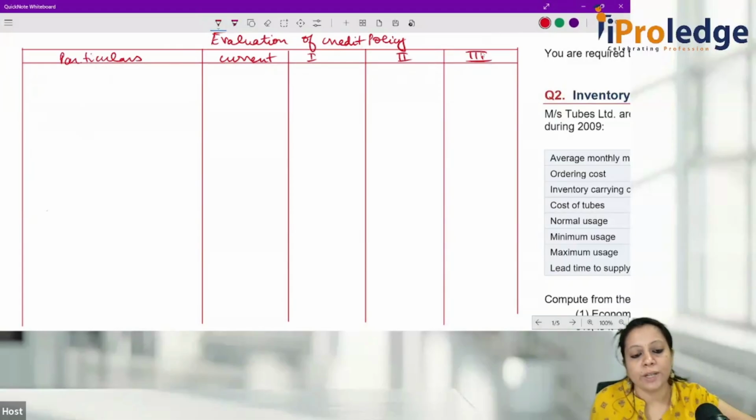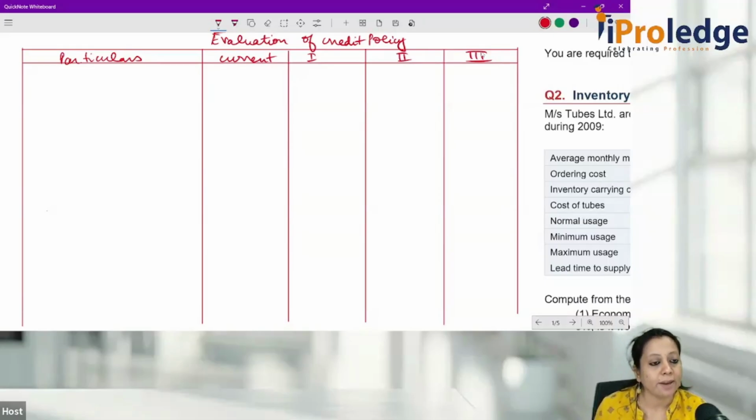So particulars, current, 1, 2, and 3. Some students, not all of them, I am correcting the test papers, I just saw that some students are missing the current particular column. Well, that is also there because sometimes the current option may be the best option, so we have to reject all other proposals. So that is also something you have to take into consideration, the current column.